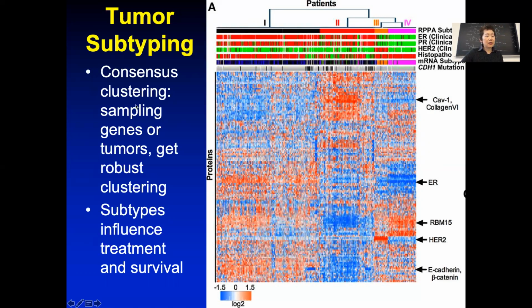So the idea is if you randomly sample the genes, say you get 70% of the genes, you get 70% of the tumors, or you try one profiling platform, you try another profiling platform, you try different ways, and you ask which samples are still clustered together, regardless of what platform you use, what genes you use, they always seem to be together. Then you create a pretty tight cluster.